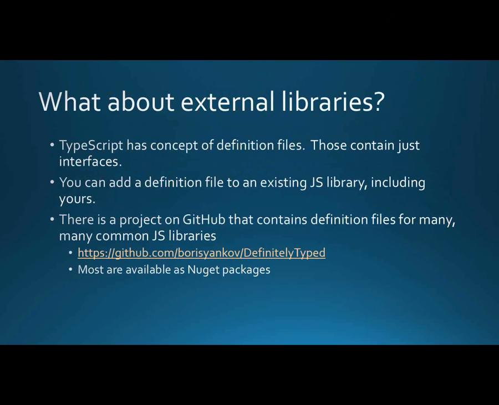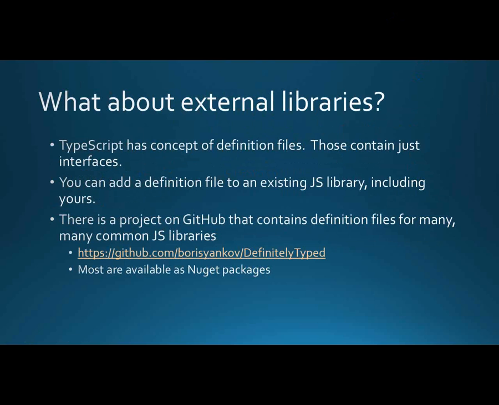The way TypeScript derives IntelliSense and compile time intelligence is two ways. One, you can declare your interfaces right there in the TS file, and as you use those interfaces, your compile time checking will kick in.